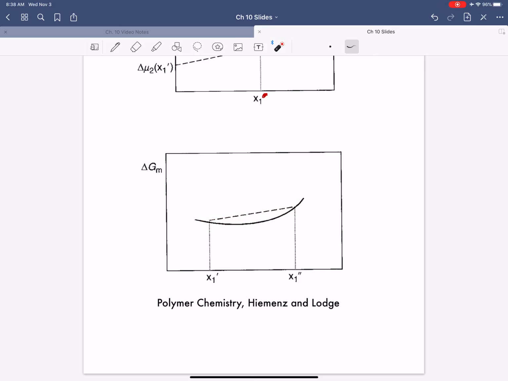So at these compositions here, the system would not be stable, it would not be at equilibrium, and it would want to drive itself towards the condition where it minimizes its delta G. That's the idea there. If you have ideal mixing, then your system would always be in one phase, because that would be the lowest energy state.